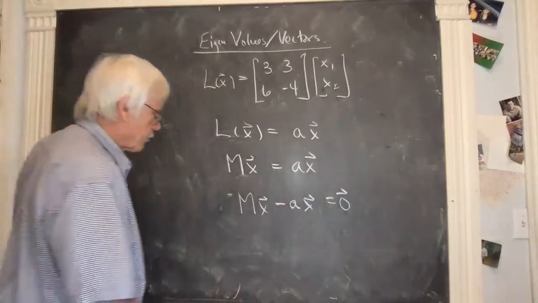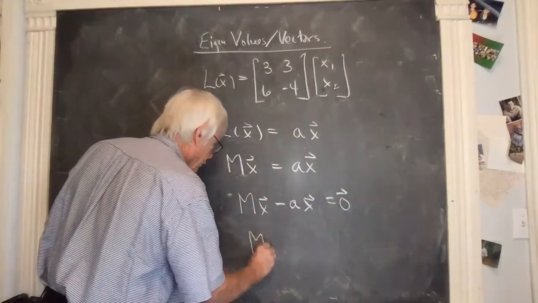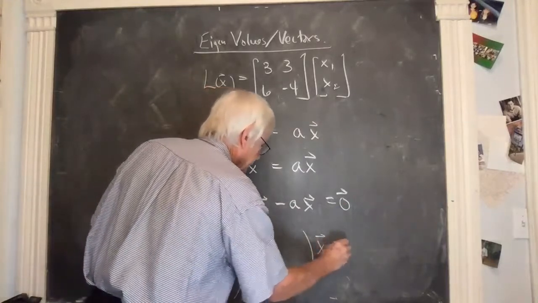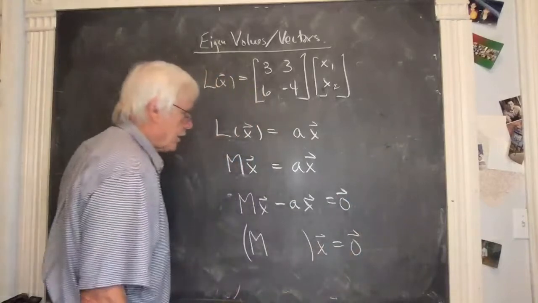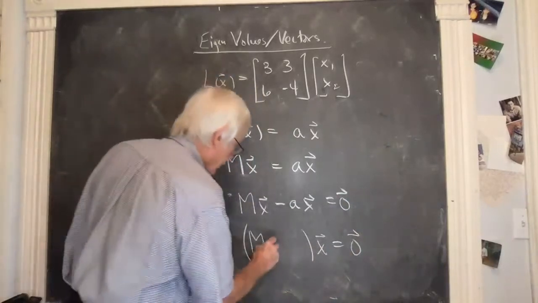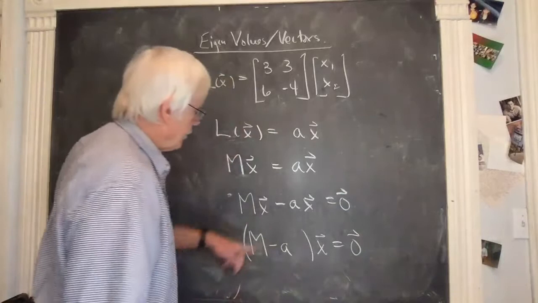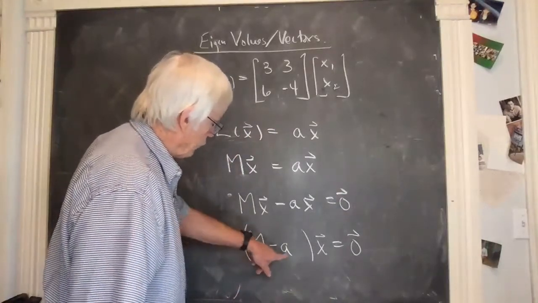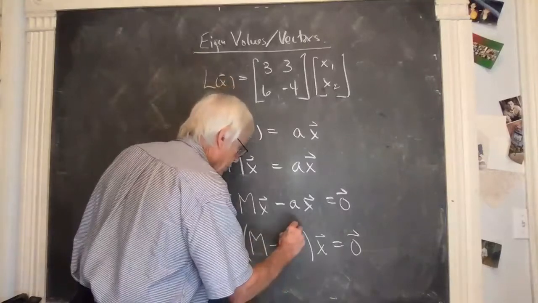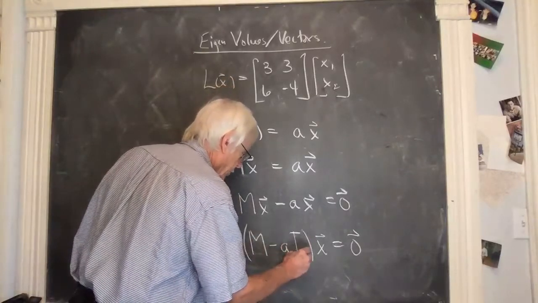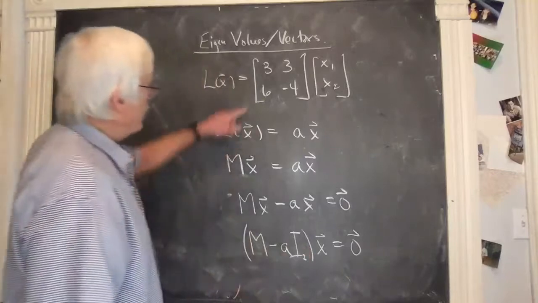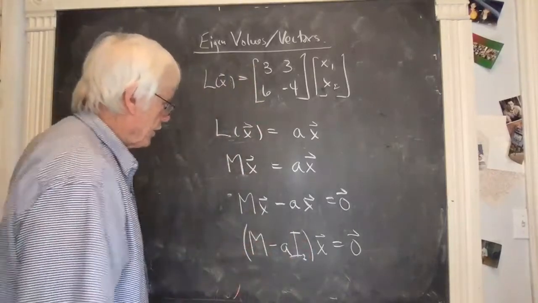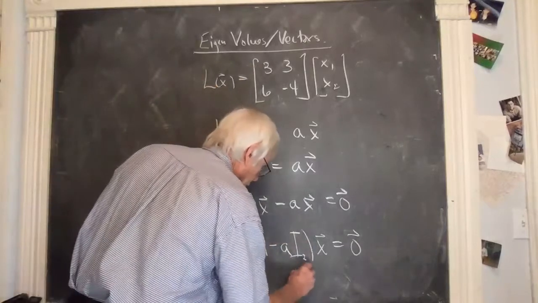And now I want to factor out an X, and this is kind of key. We've done this before. But when you factor out an X, you are not left with just A here, because this is a matrix, so you want to put a matrix here, and the matrix that you put is the identity matrix, the 2 by 2 identity, since we have 2 by 2s. So this is what we want to solve, and we want X to be not 0.